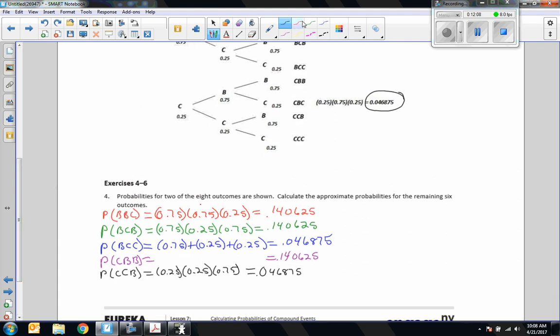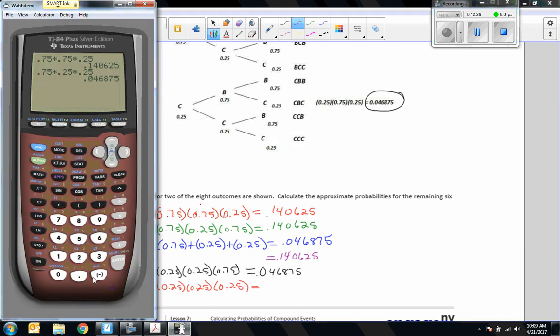Let me slide down here a little bit, change my color. The probability of having a card game all 3 nights is going to be the probability of C, which is 0.25 times 0.25 times 0.25.